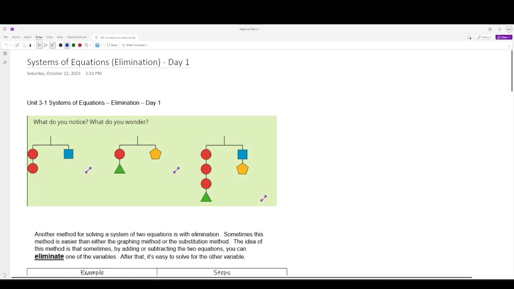It's based on an idea that this graphic illustrates: I have 2 reds equal to 1 blue. These are balanced, neither side is heavier than the other.